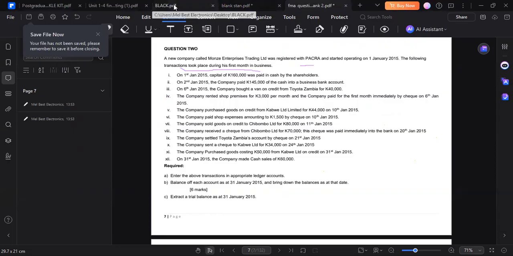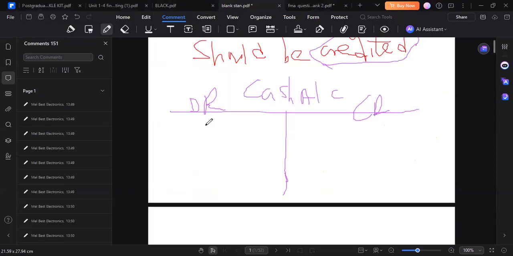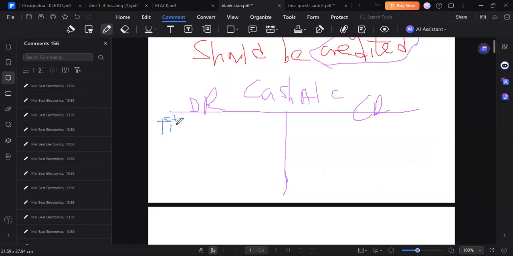So we have the 1 January 2015, we have the capital.